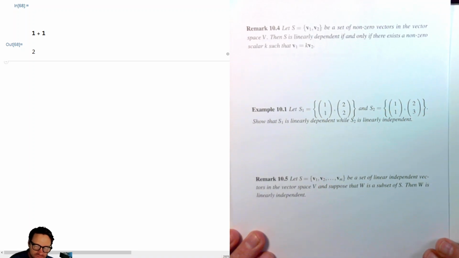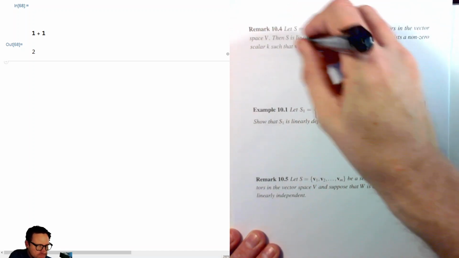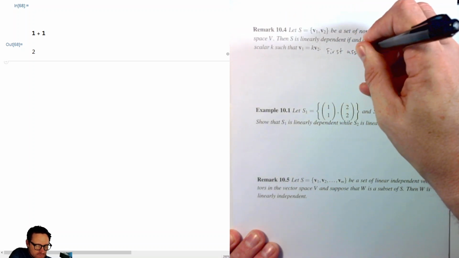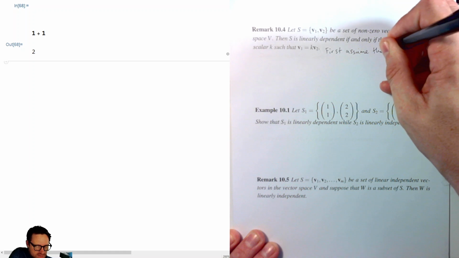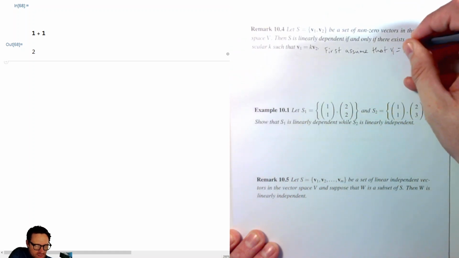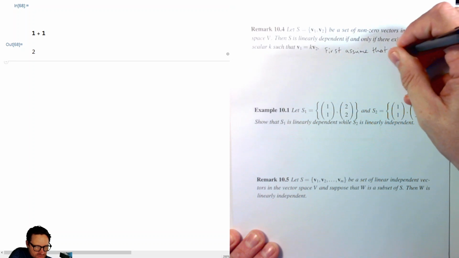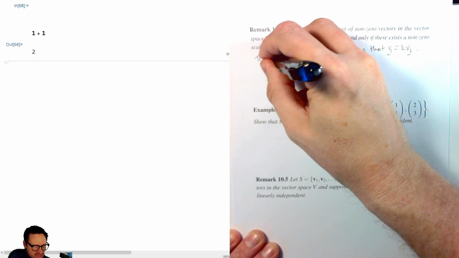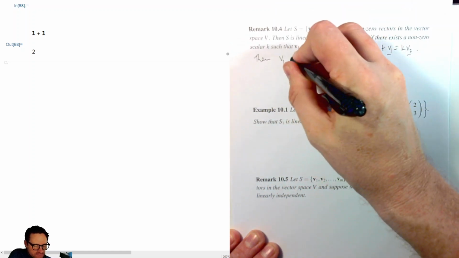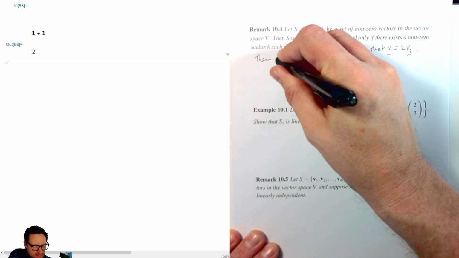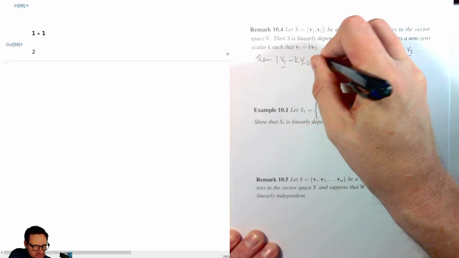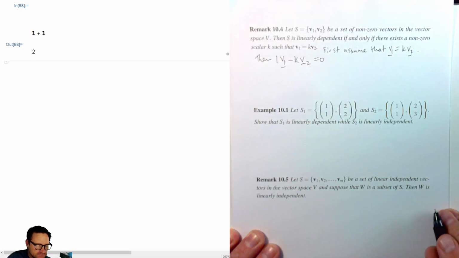Okay, so the way we want to think about this, first assume that v1 is k times v2. Well, if that's the case, then 1 times v1 minus k times v2 is equal to the 0 vector.